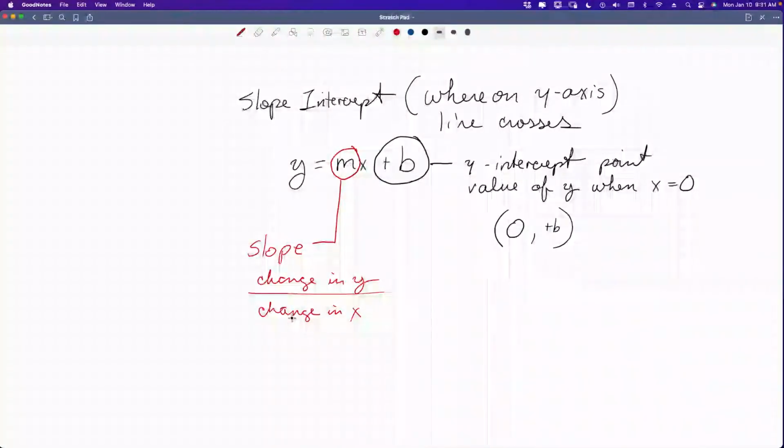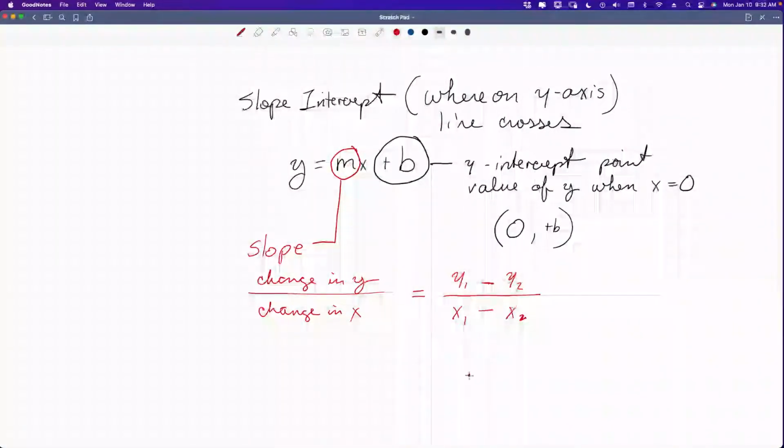So what you need is 2 points, and change or difference means subtraction. So you're going to subtract 1 point from another point. You're going to keep the y's on top and the x's on the bottom. Mathematically, you pick point 1 and say y1 over x1 minus, then you pick point 2 and put the y for that point over its x, and then you subtract.